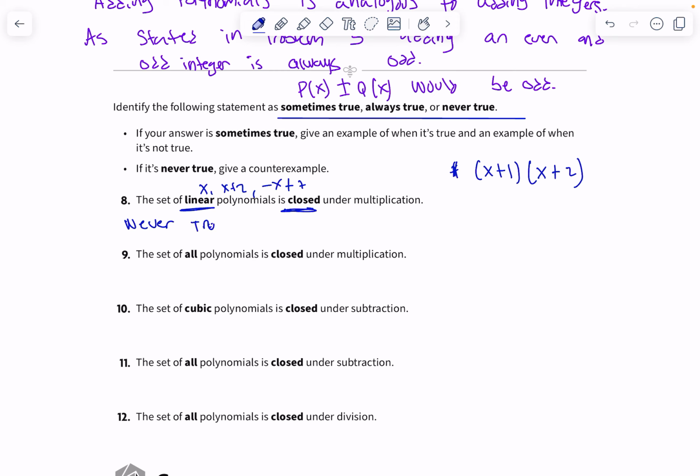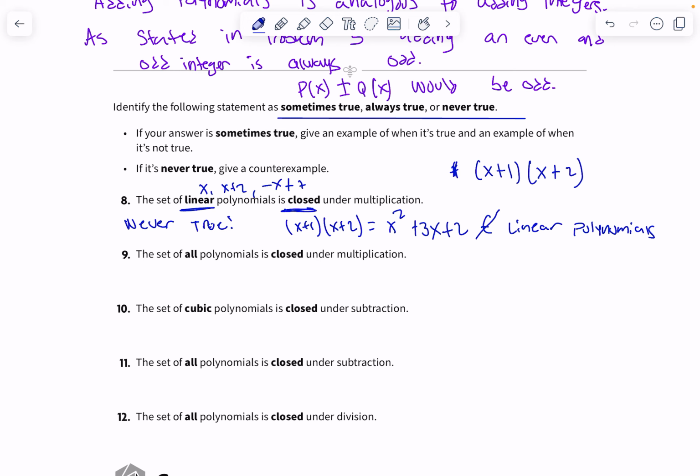Because x plus 1 times x plus 2 is equal to x squared plus 3x plus 2, which is not in the set of linear polynomials, right? Because that's quadratic.